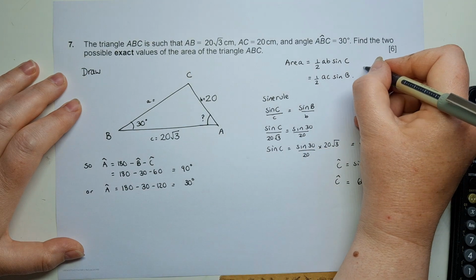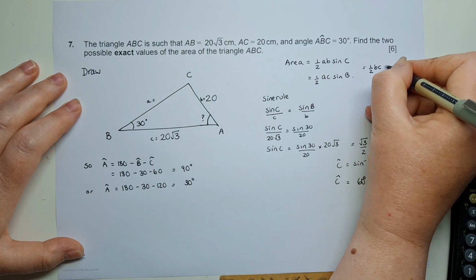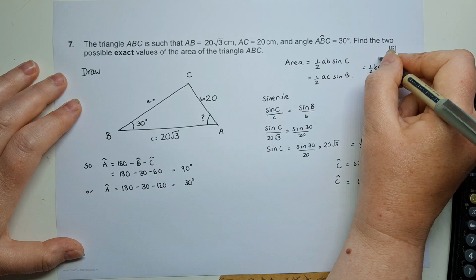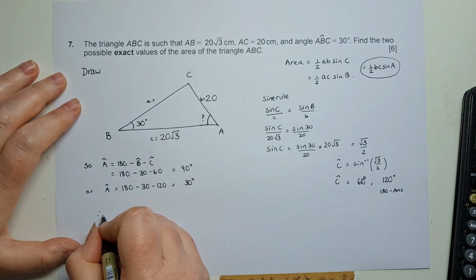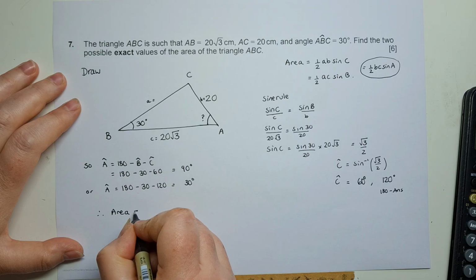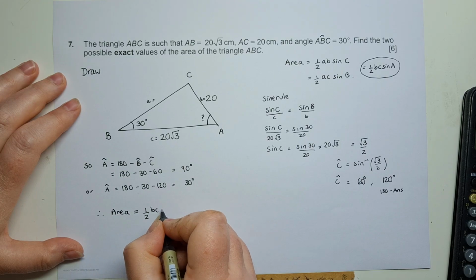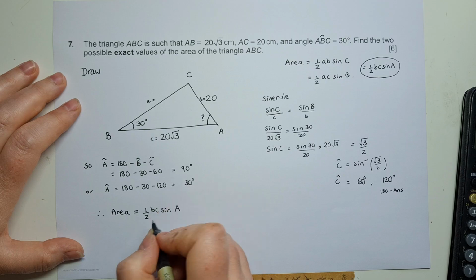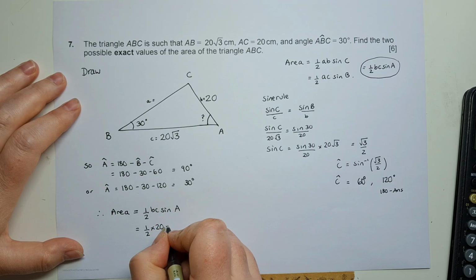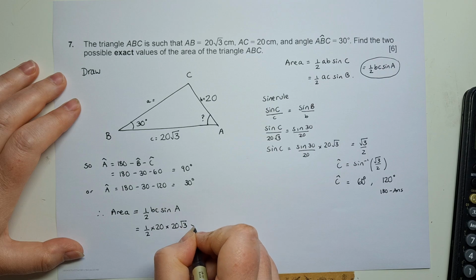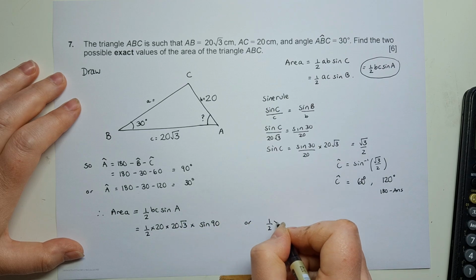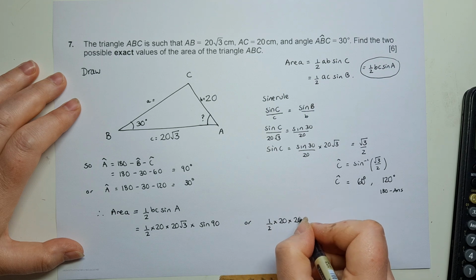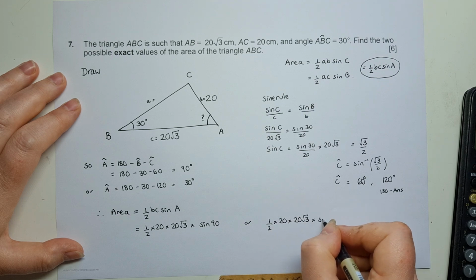Okay, so actually I want to use a half bc sine A as my formula, because I've got corner A and I know length b and length c. So the area I'm going to say is a half bc sine A, but I've got two possible angles. A half times 20 times 20 root 3 times sine 90, or a half times 20 times 20 root 3 times sine 30.